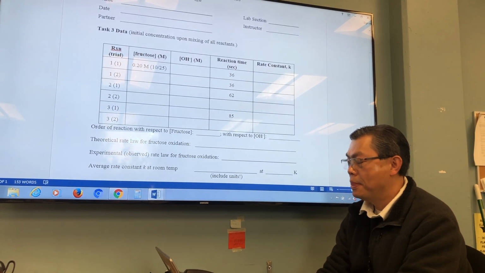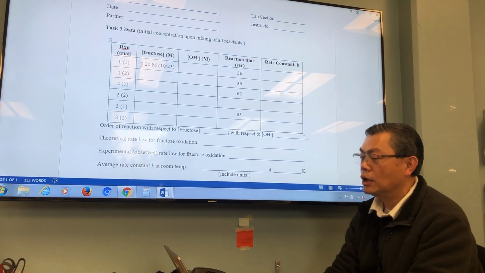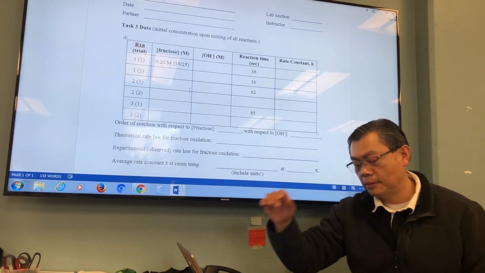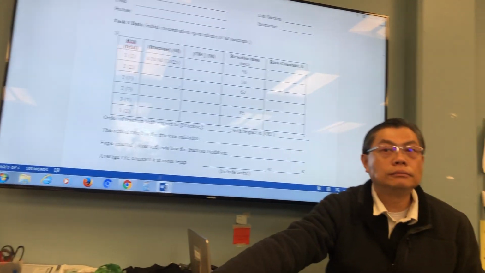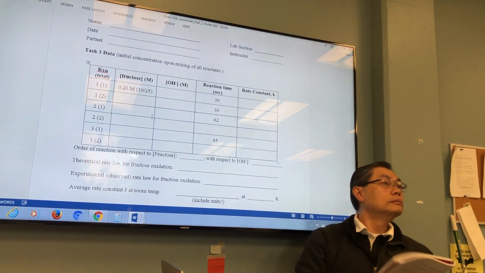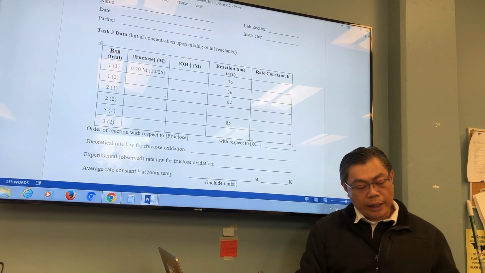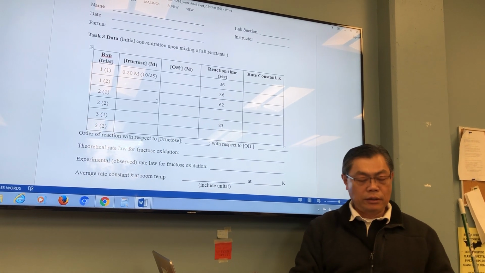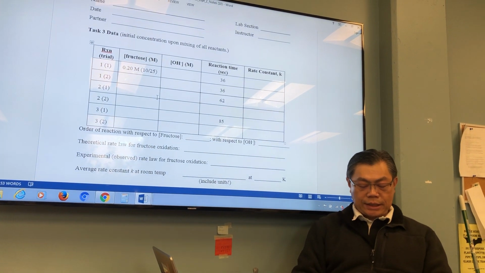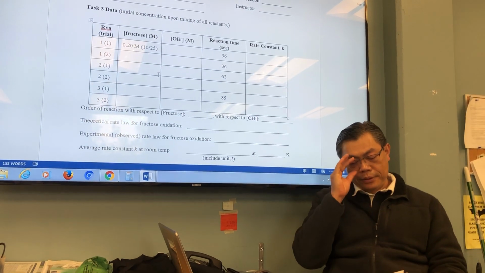So reaction 1, what's the concentration of fructose? Oh, this is task 3 data, right? So that will be on page 61, the table.